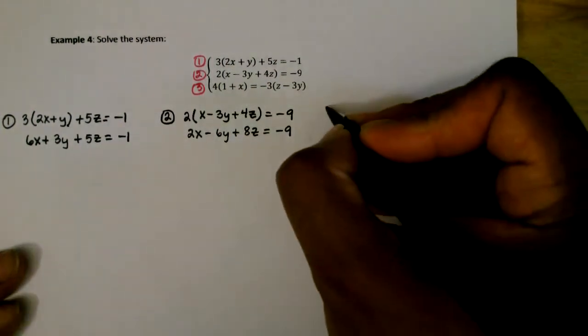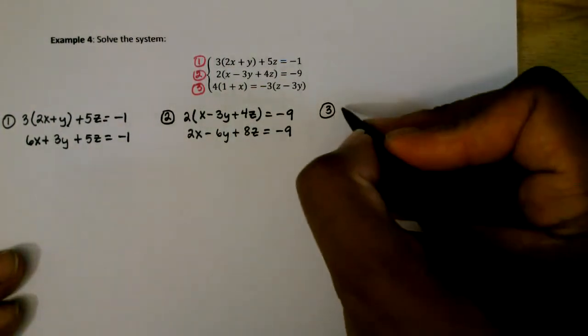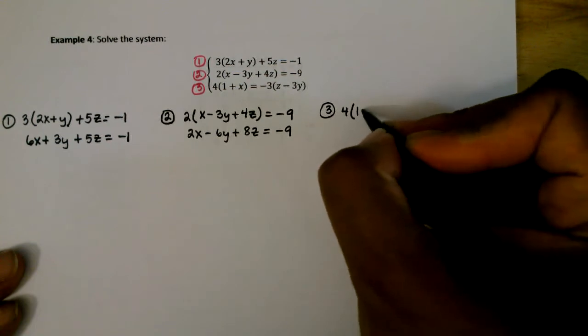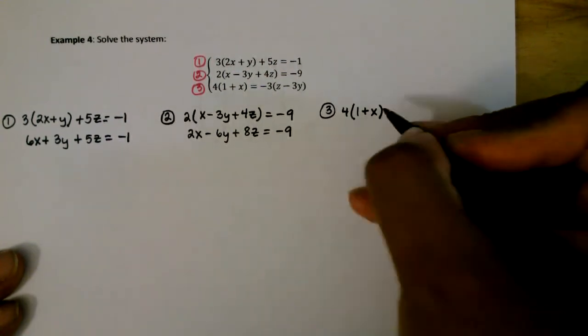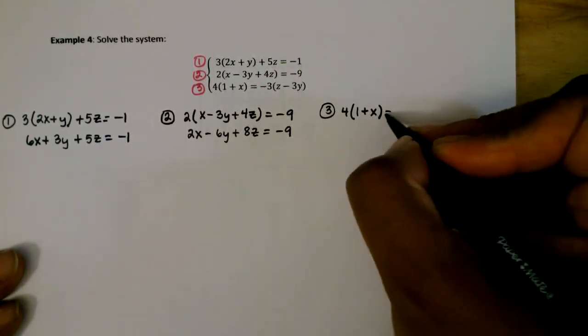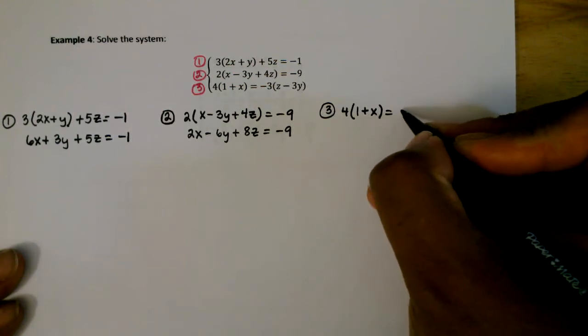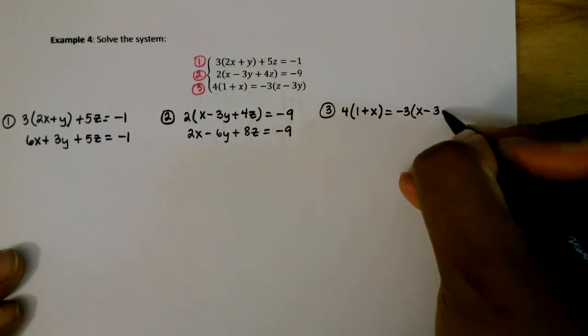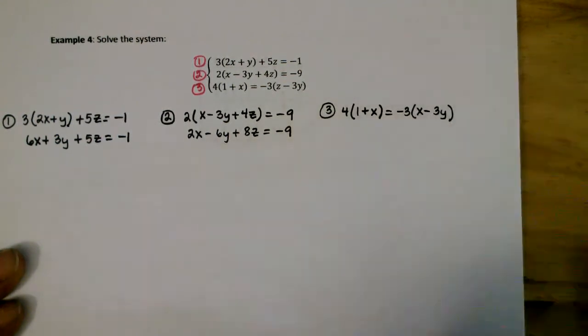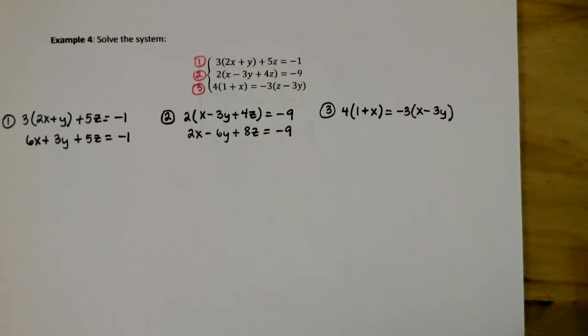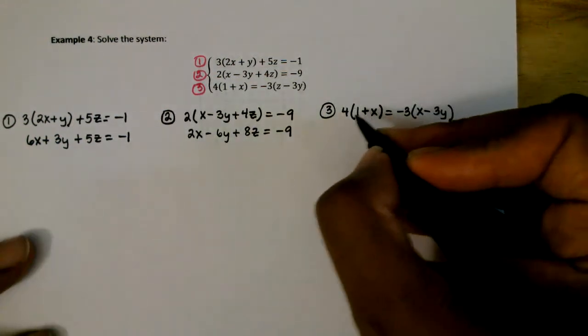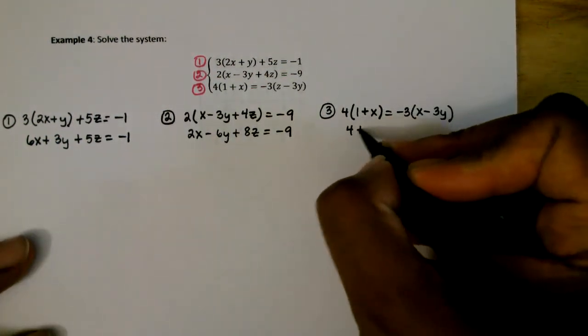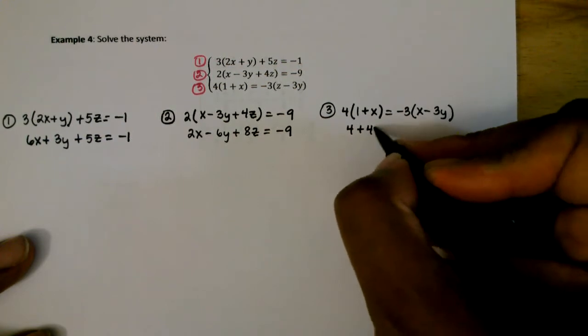All right, now equation 3 is a little bit complicated. Here we got 4 times the quantity 1 plus x equals -3 times the quantity x minus 3y. All right, so now let's use the distributive property on both sides of the equation first. 4 times 1 will be 4, plus 4 times x will be 4x.